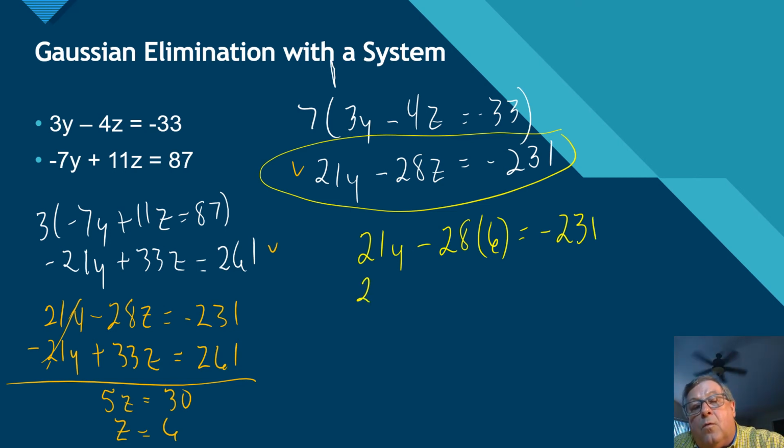And then 21y minus, negative 28 times 6 is 168. Check my work here.